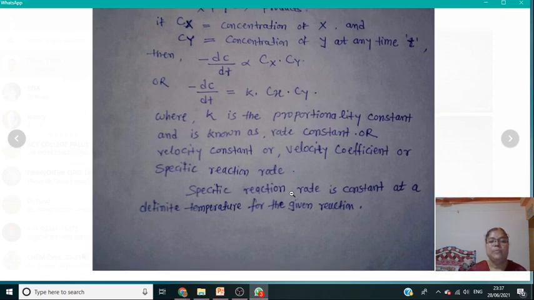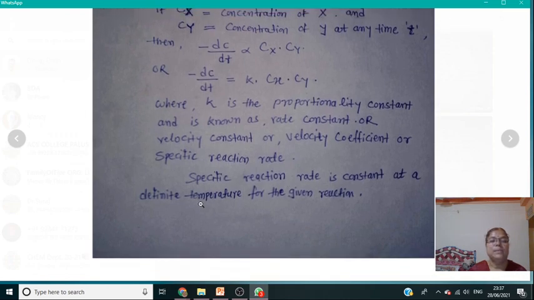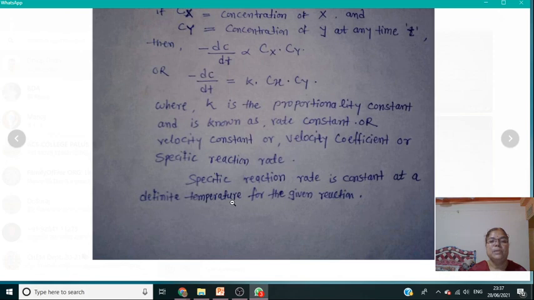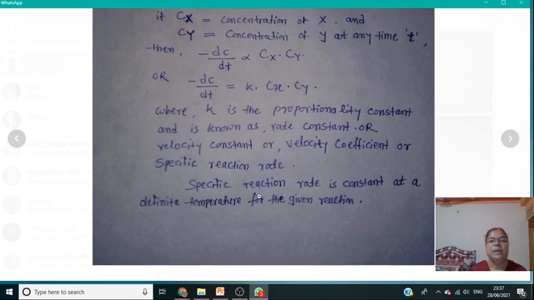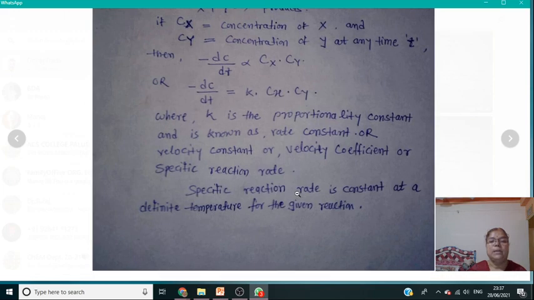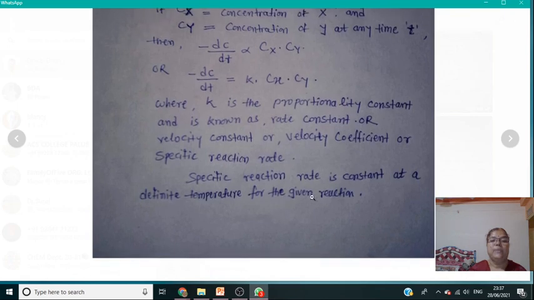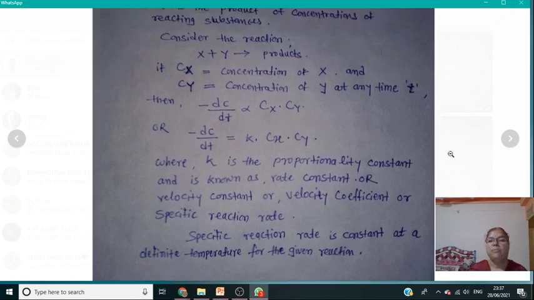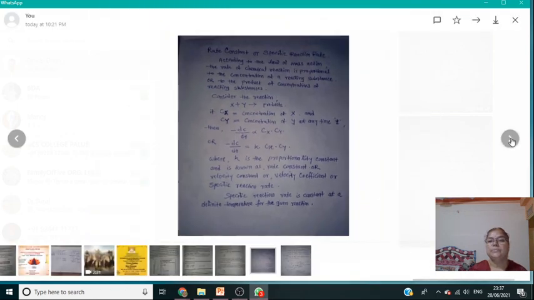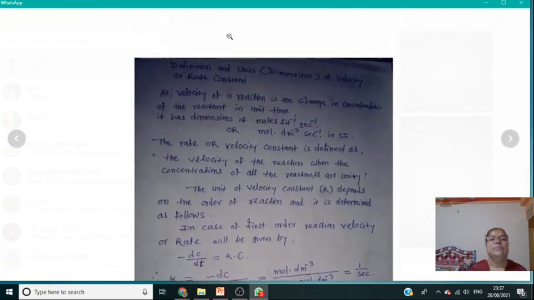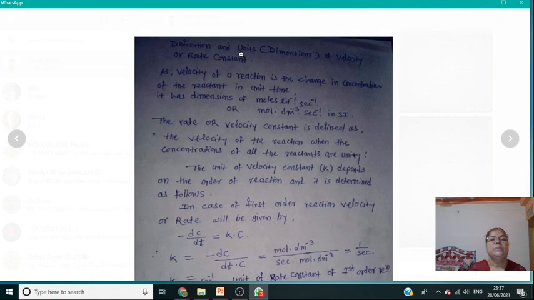And specific reaction rate is a constant at a definite temperature for a given reaction. Remember, the rate constant or specific reaction rate is a constant at a definite temperature for a given reaction.